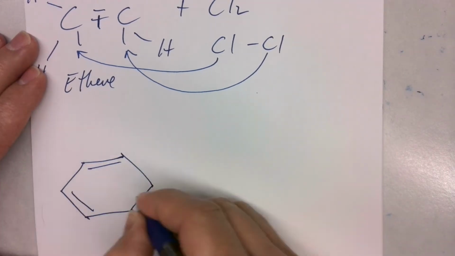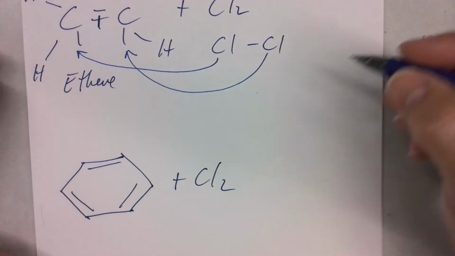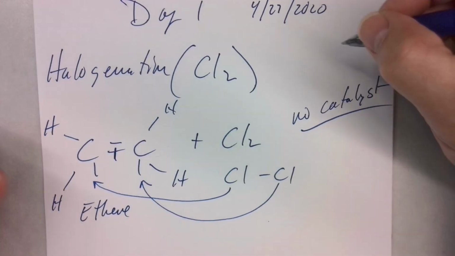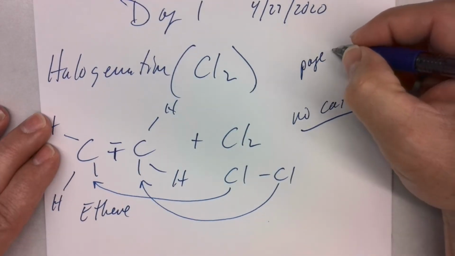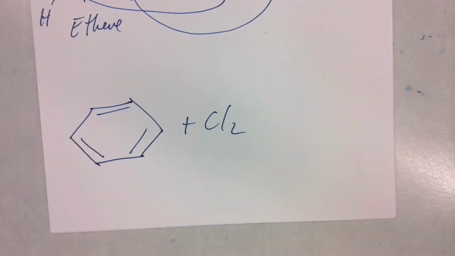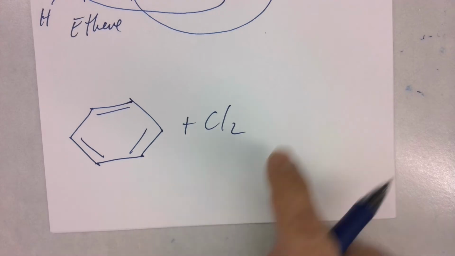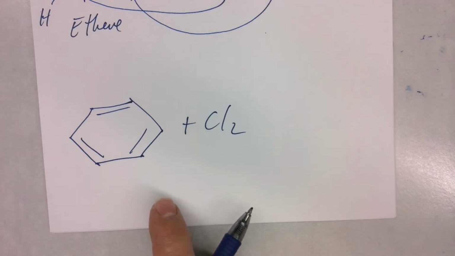Now that is different than if this is an aromatic. Now, if I have this plus Cl2, this part right here is on page 470. Even though they're double bonded, this is now an aromatic and not just an ene.